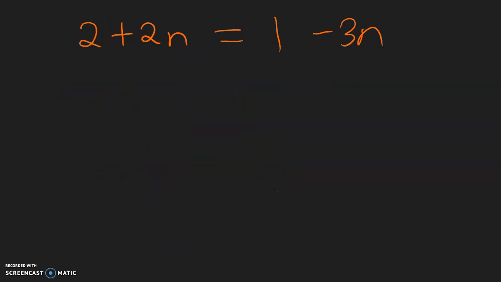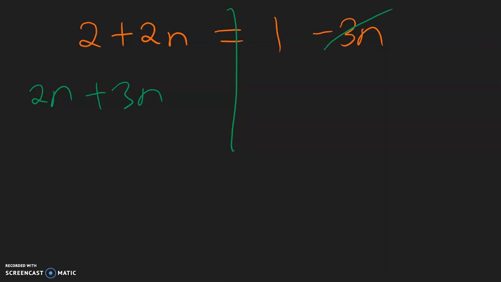For this equation, I'm going to start by drawing a line down the middle where I see the equal sign. And we want all the terms with the variable n to be on the left. So this 2n is here, I'm going to copy this. And this negative 3n needs to move, so I'm going to show that by crossing it out. And a negative, when we move it over, is going to become a positive 3n.